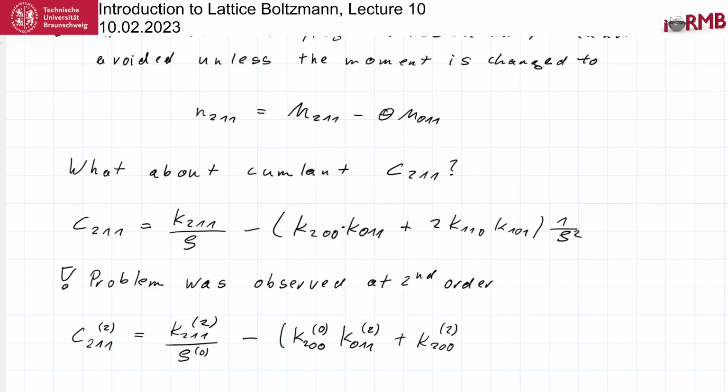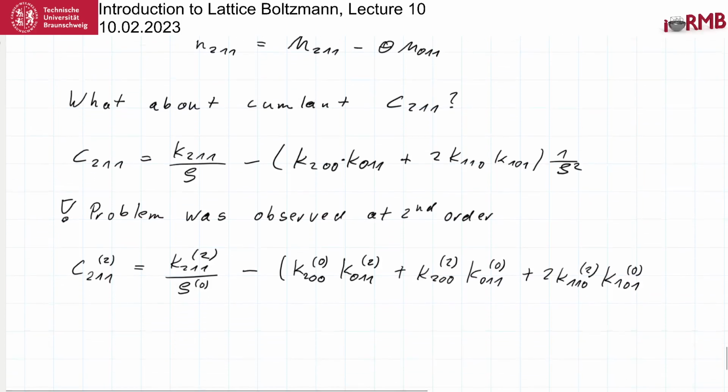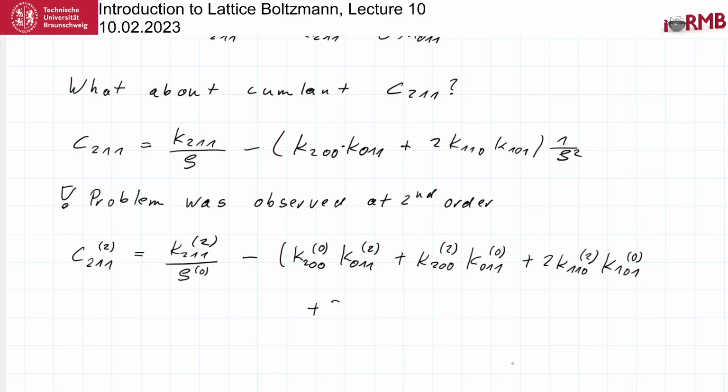So this would be K200 to 0 order times K011 to second order, plus 2 K110 to 0 order and K101 to 0 order, plus 2 K110 to 0 order and K101 to second order.